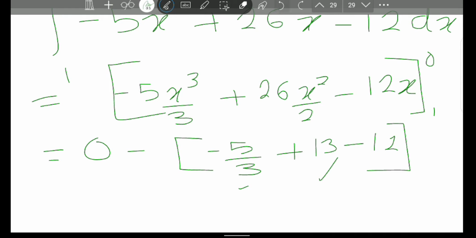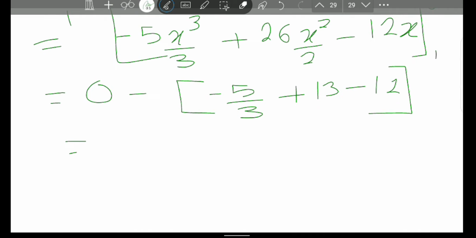Yeah, we did it correctly. That's equal to minus of minus 5 by 3 plus 1, sorry, minus of minus 2 by 3. So it is plus 2 by 3.